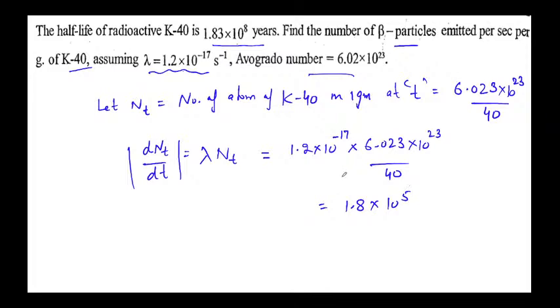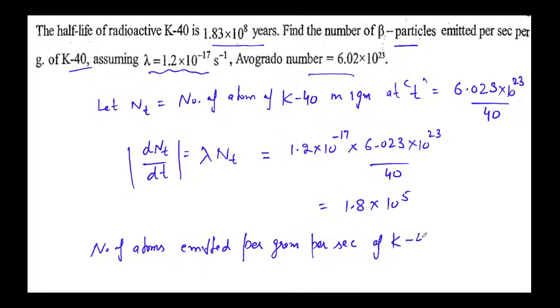So the number of atoms emitted per gram per second of potassium-40 is 1.8 into 10 to the power 5, the number of atoms which are emitting from 1 gram of potassium per second.